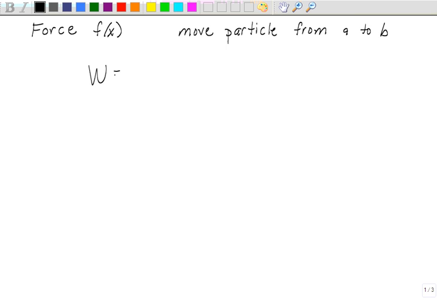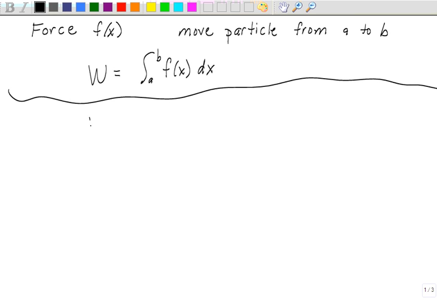If you remember, if we took a force that was not constant and we move a particle, the force moved the particle from A to B, then the work to do that was the integral from A to B of f of x dx. Okay, and we also saw that work is force times the distance, or dotted with the distance, or the displacement vector.